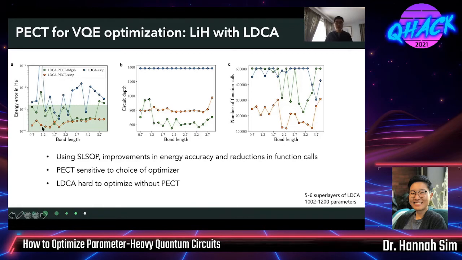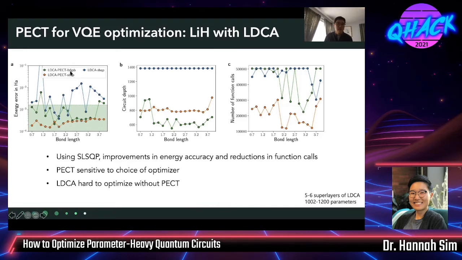And you see that the choice of optimizer really matters here, because using SLSQP, you get much better energy errors where they all fall beneath this region which we call chemical accuracy, and you want to be below this shaded region. Using SLSQP in orange, you can see that at all points along the potential energy surface, you're able to get accurate energies.